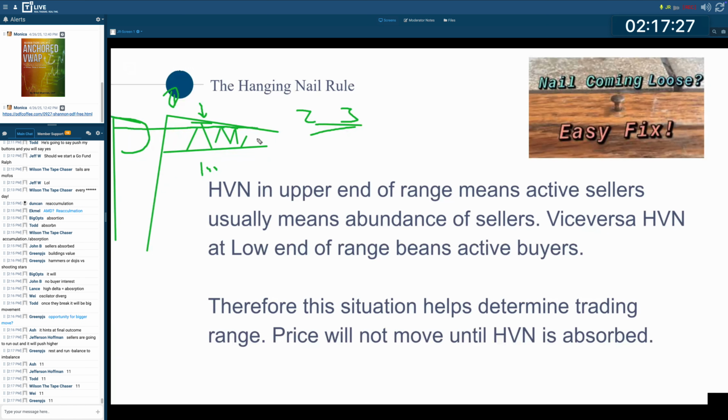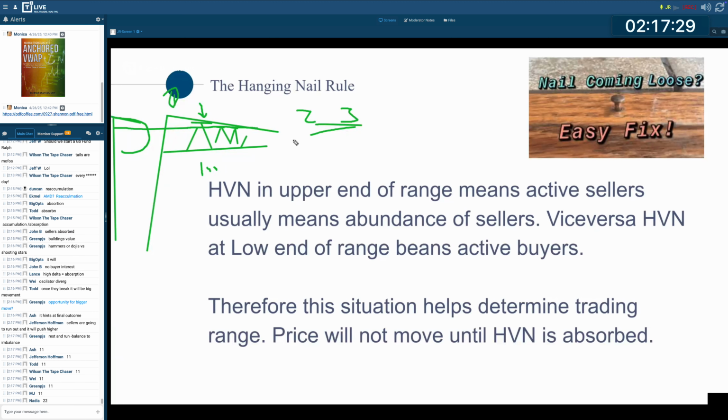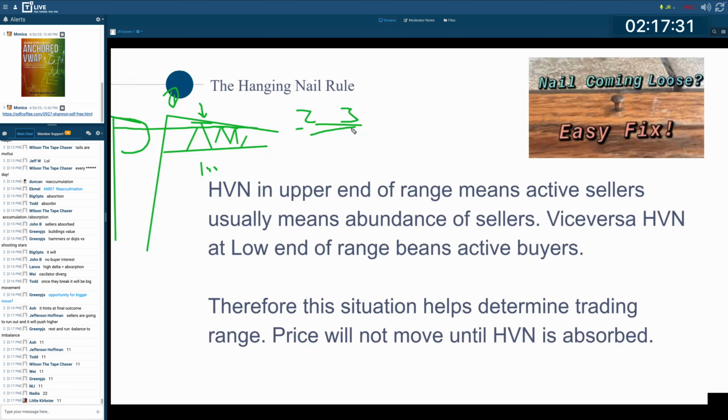Because once you come into day 2 or 3 refreshed, and potential buyers come in and see this beautiful bull flag that had a beautiful opening range drive and flagged, what are they going to be looking for in days 2 and 3?